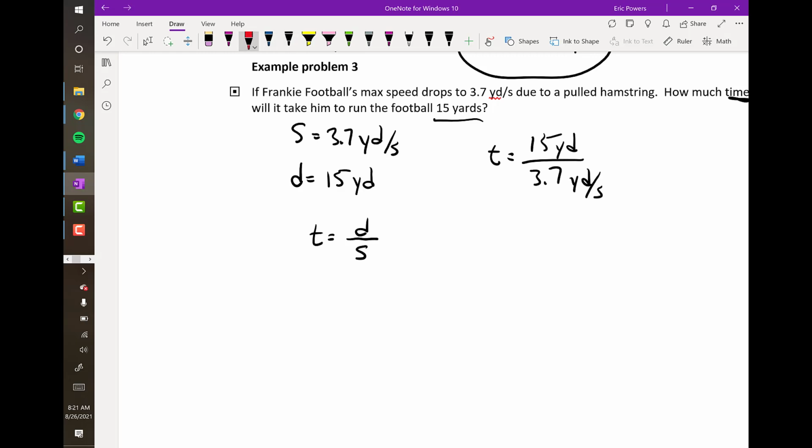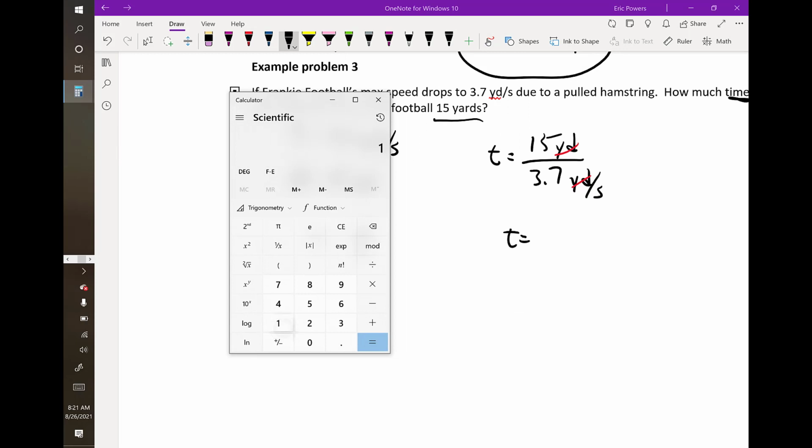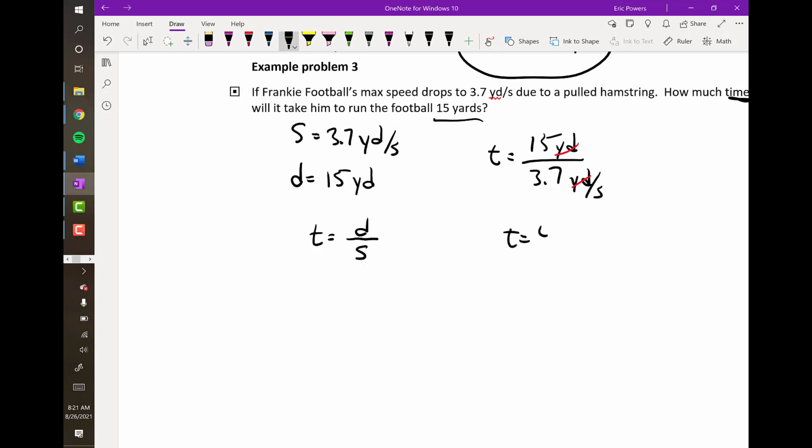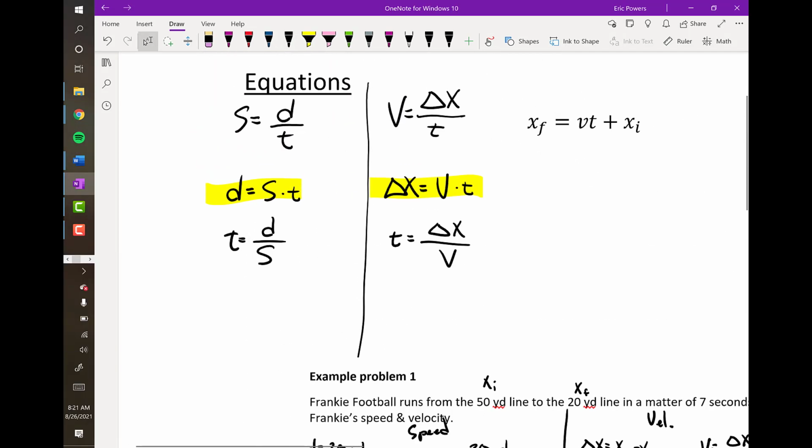All right, and the yards will go away, leaving me with just the seconds. So the time is equal to, all right, 15 divided by 3.7. We'll call that 4.1 seconds.